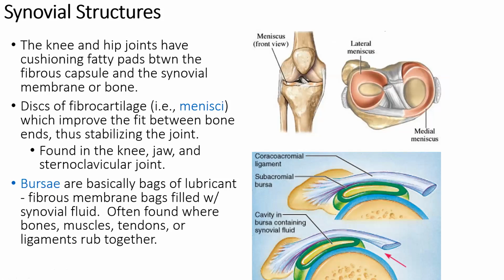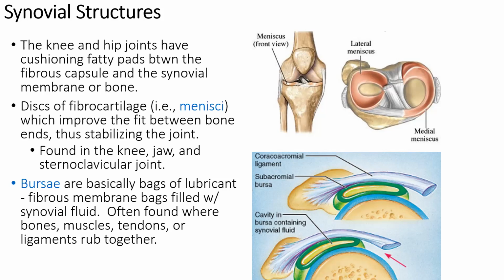In addition to that synovial cavity, we have pads in here to reduce even more friction. There are fatty pads in here. There are menisci. Menisci are pads of fibrocartilage that sit on top of the tibia at the knee, for example.